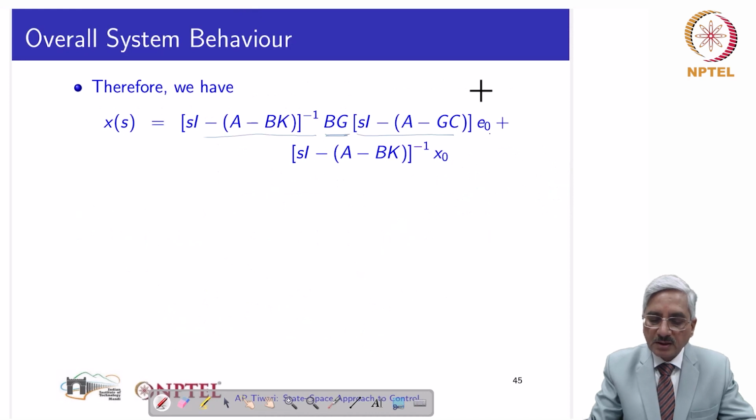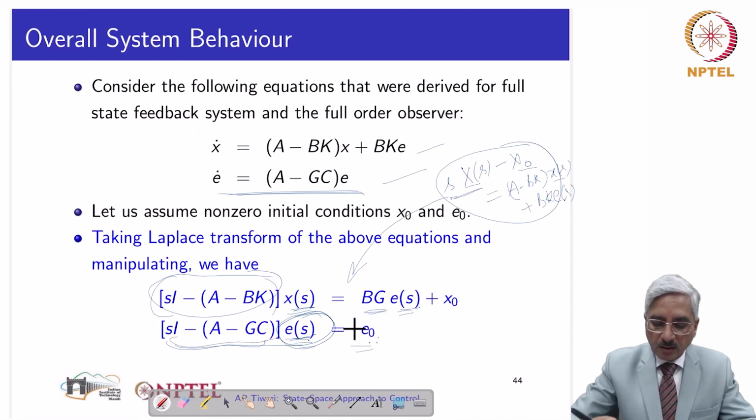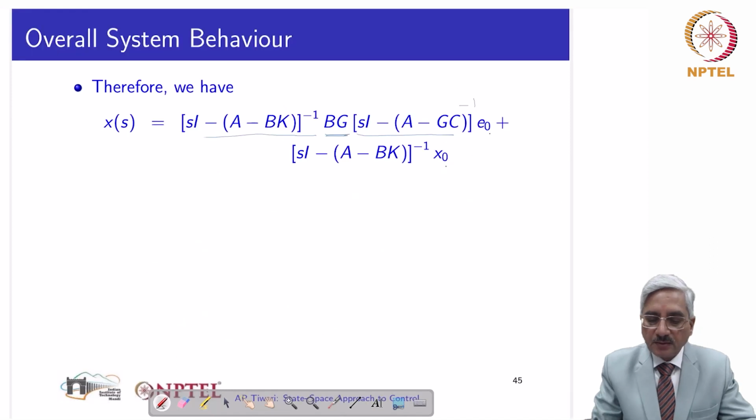So this is what comes here. This should be inverse here, and similarly this inverse into x0. This E(s) will be this inverse into e0. There was a typographical error, so this should be inverse here. So X(s) is given by this.